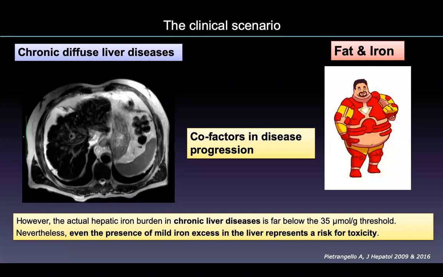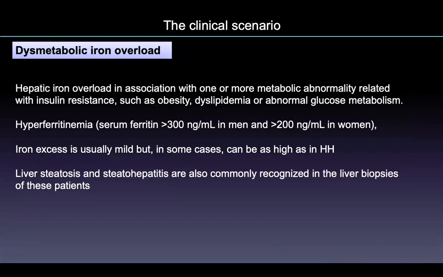Furthermore, in the scenario of chronic diffuse liver diseases, it is quite frequent to have both fat and iron coexisting in the liver parenchyma, both acting as cofactors in disease progression. And finally, we can also have hepatic iron overload in the scenario of dysmetabolic iron overload.